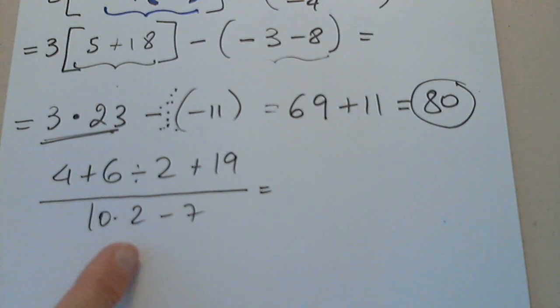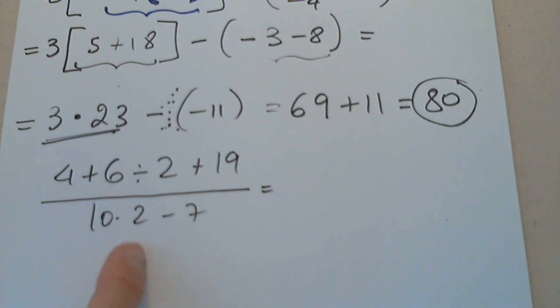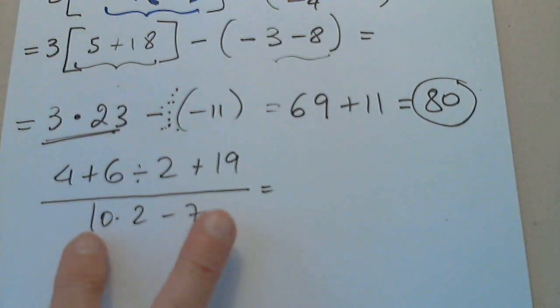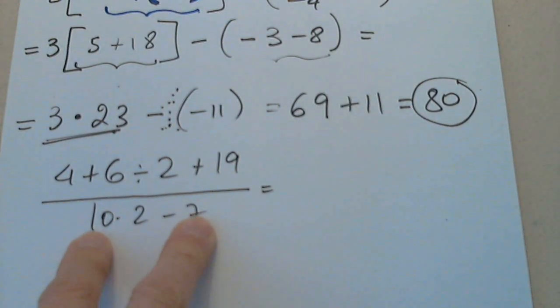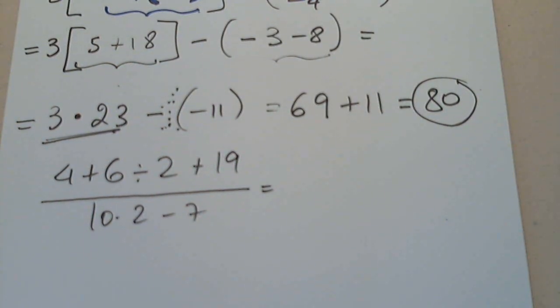Can I simplify this 4 with this 2? Yes or no? No. The answer is never. 4 is a term and 2 is a factor inside of a term. Please remember, don't touch anything if they are not factors. You cannot simplify them.